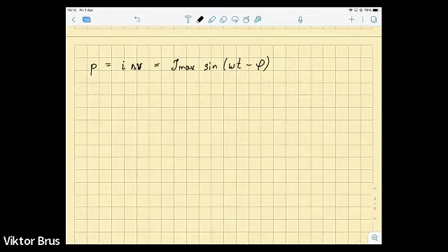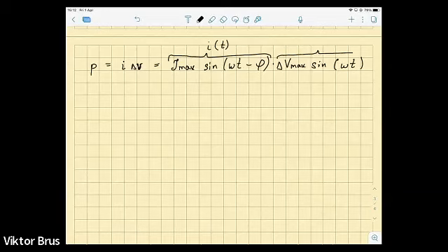And here should also be times delta V maximum times sine omega t. So this is I as a function of time, and this stands for delta V as a function of time.